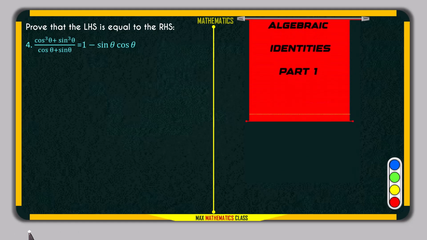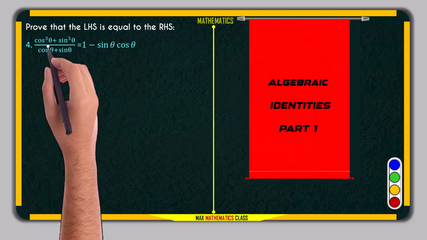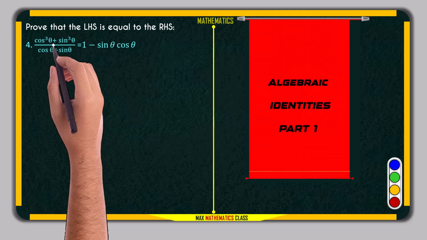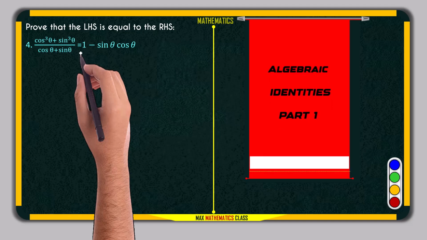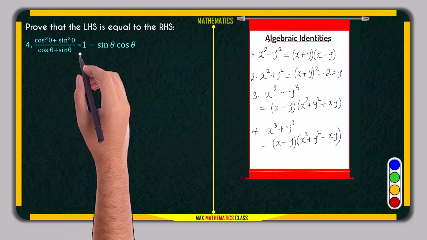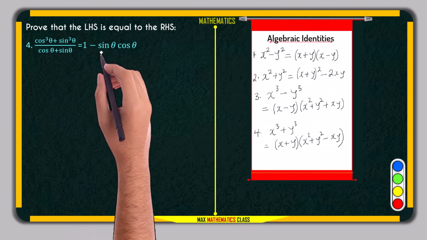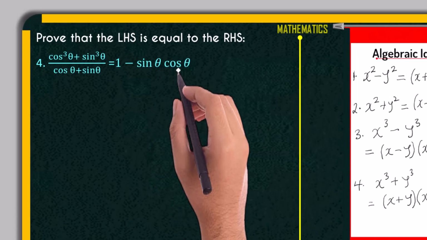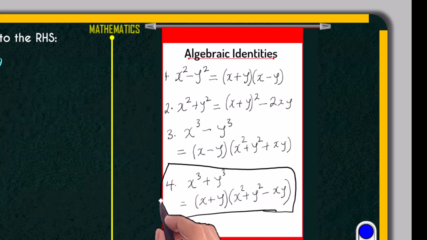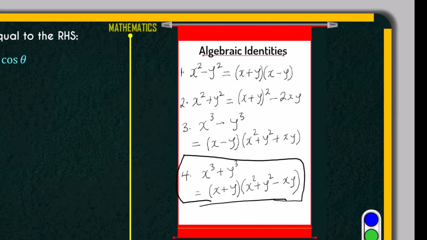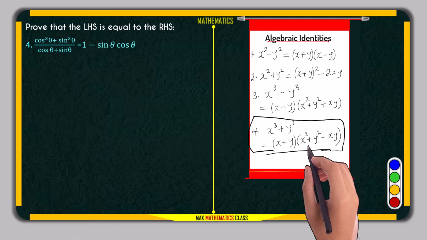Now in our number 4 we have cos raised to power of 3 theta plus sine raised to power of 3 theta over cos theta plus sine theta is equal to 1 minus sine theta cos theta. Now it is this reciprocal that will help us. This reciprocal here is what is going to help us to solve this, because we are going to expand this value this way.